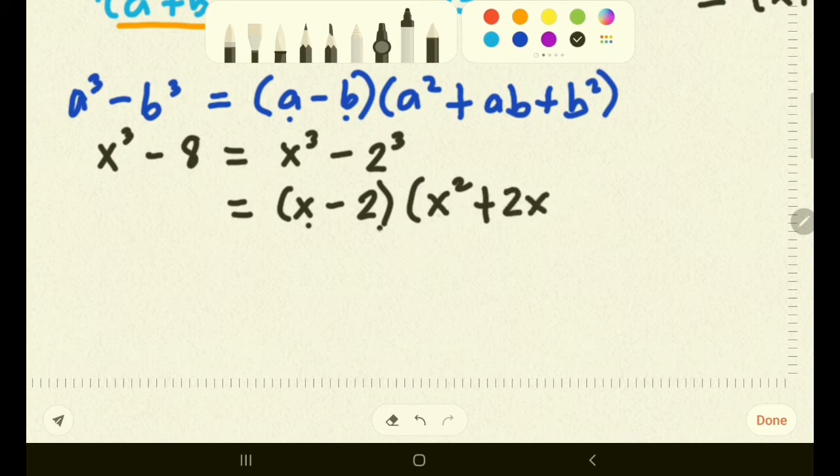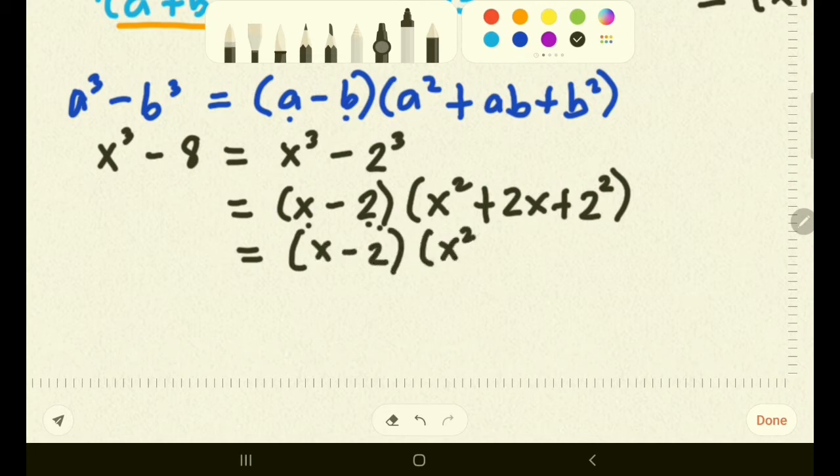And then square the second term of your binomial factor, which is 2. So that is 2 squared. Okay, simplify. So you have x minus 2 times x squared plus 2x, and then the square of 2, that is 4.